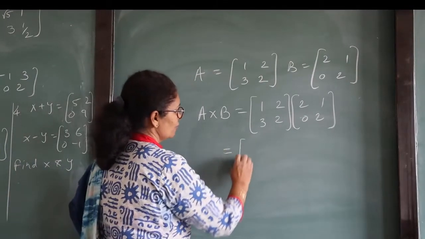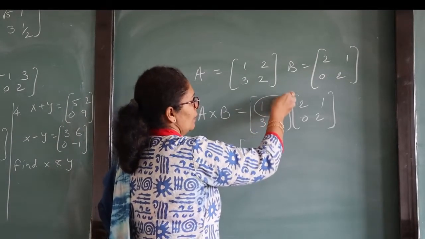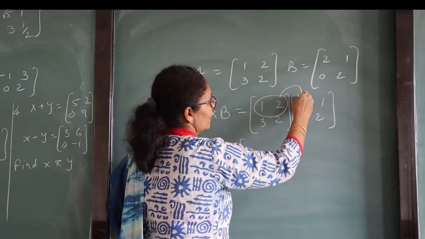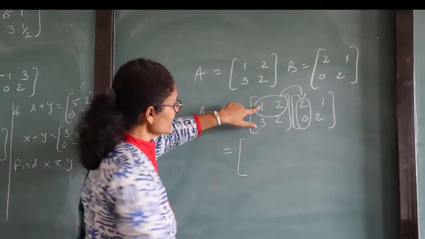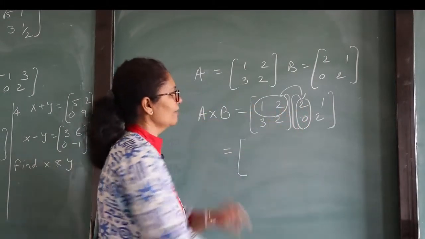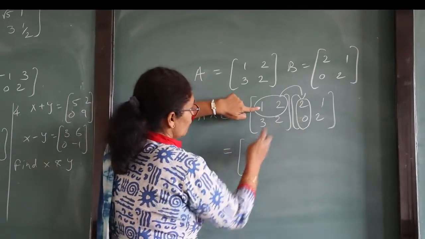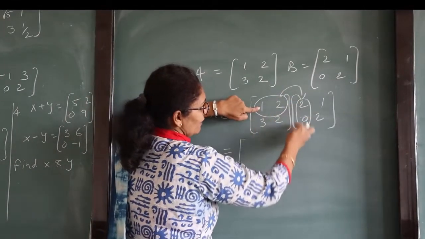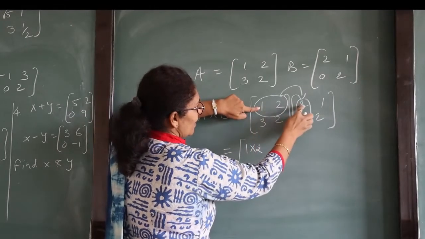In multiplication, what you have to do? Your first row will be multiplied with the first column. The first element will be multiplied with the first, plus the second element will be multiplied with the second. First row multiplied with first column: 1 into 2, first element with first.